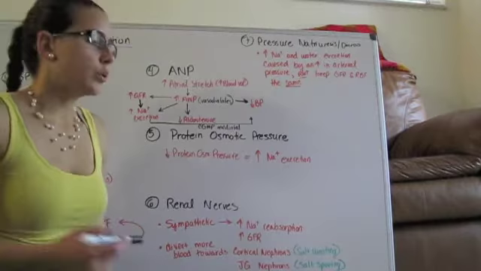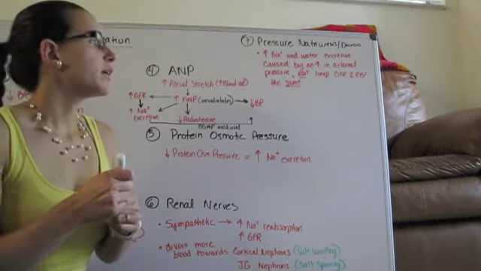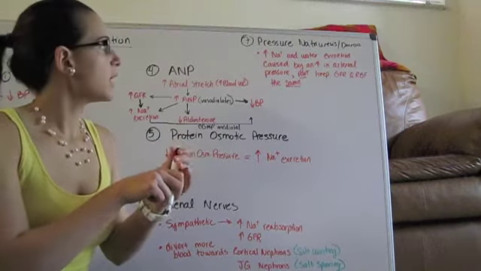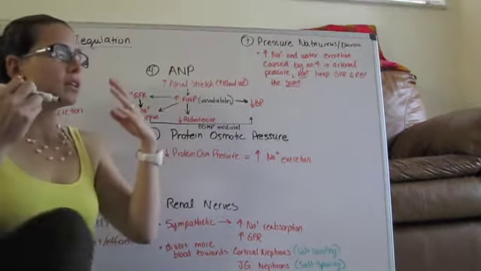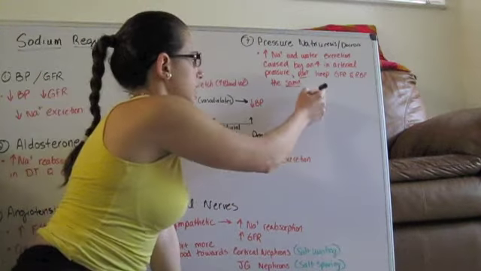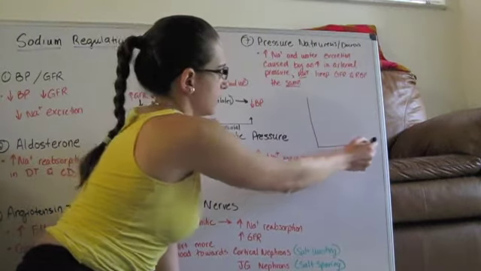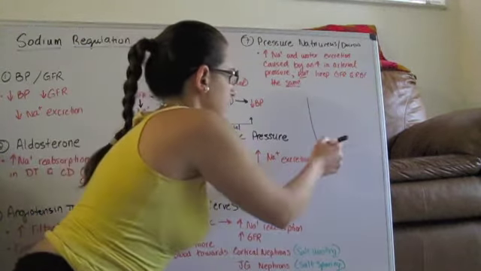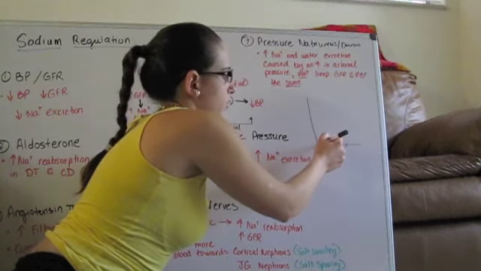Okay, so what that means is that we basically have a renal blood pressure curve. It's kind of hard to imagine. We're operating at this blood pressure normally, right?